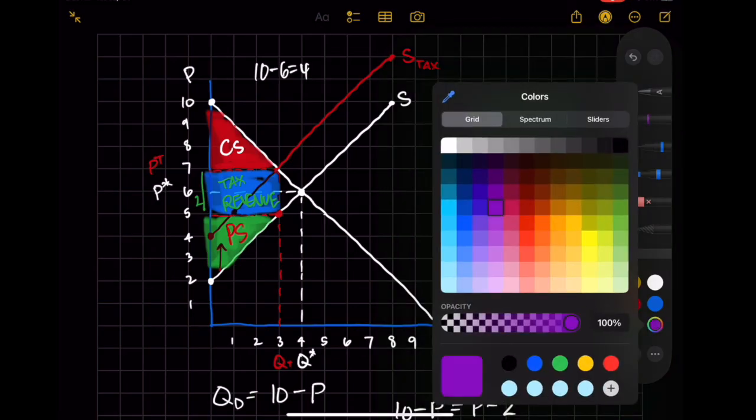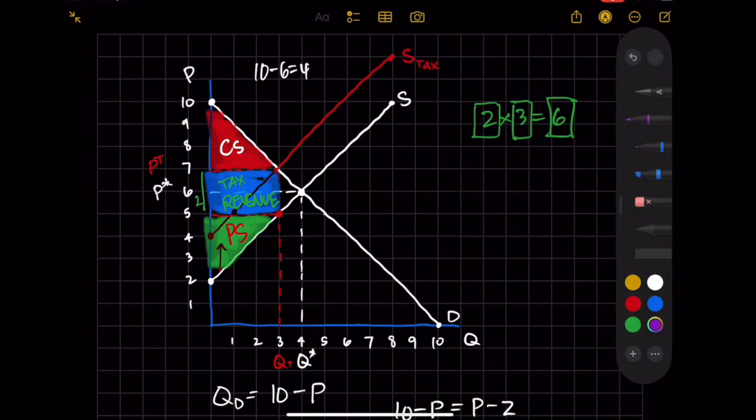But we also have this odd little triangle right in here. What do we make of that? Well, this is actually what we call dead weight loss. And this basically means that in this situation, nobody gets that surplus. So what we've gone from is a situation where consumer surplus and producer surplus are equal during equilibrium to now they've shrunk.